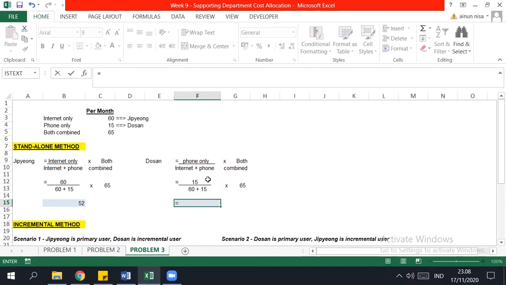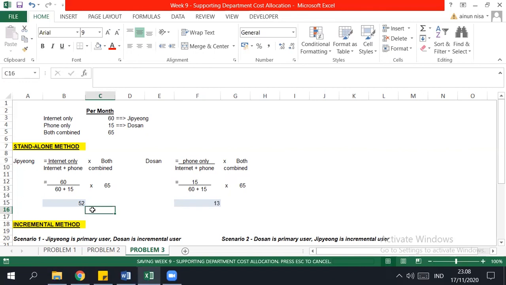Therefore, for Dosan, it is 15 divided by 75 times 65. And the standalone price for Dosan is 13. That's all for the standalone method. It is quite easy.